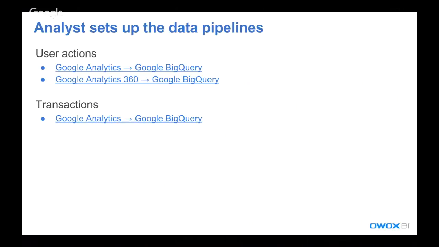So first, we can again send transactions from the website using JavaScript code, like the other events and page views that we are sending to Analytics. This approach has several problems. For example, not all users use JavaScript.